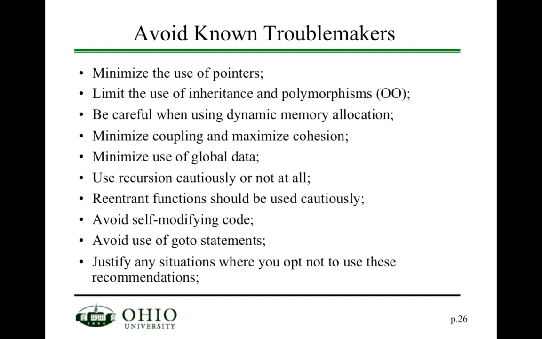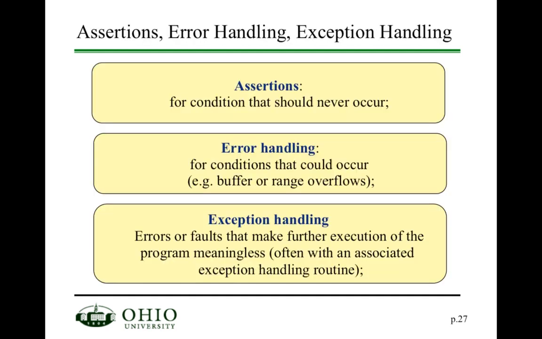This is a problem. Minimize coupling, maximize cohesion. I think this is the third time I say that. Minimize use of global data. Use recursion cautiously or not at all, preferably. And avoid self-modifying code. There are a couple of other things here that I would avoid.